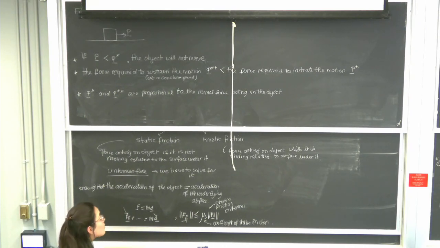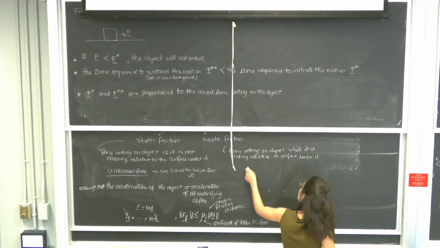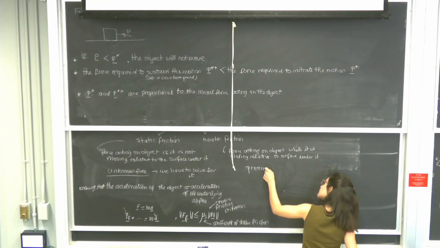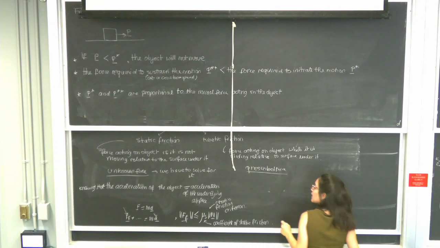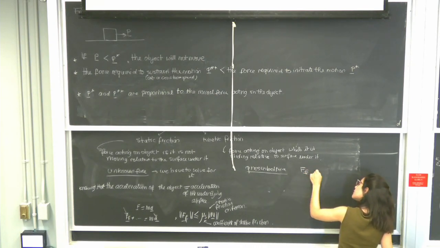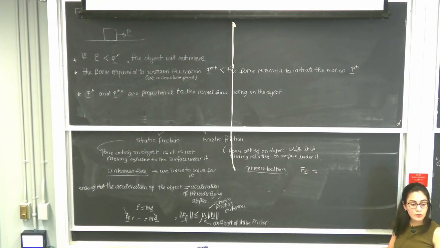Okay? Now, kinetic friction is different. Kinetic friction is not unknown, it's known, it's prescribed. Kinetic, it's a prescribed force. It's just a force that's proportional to the normal force.